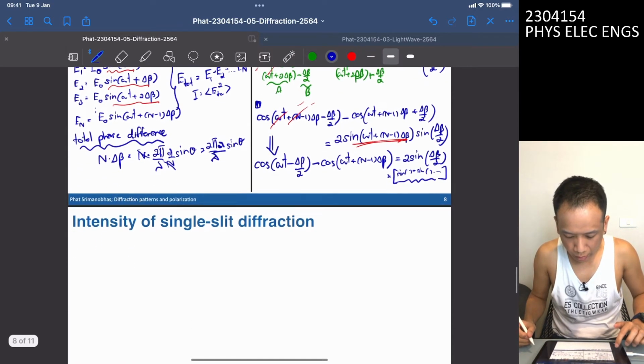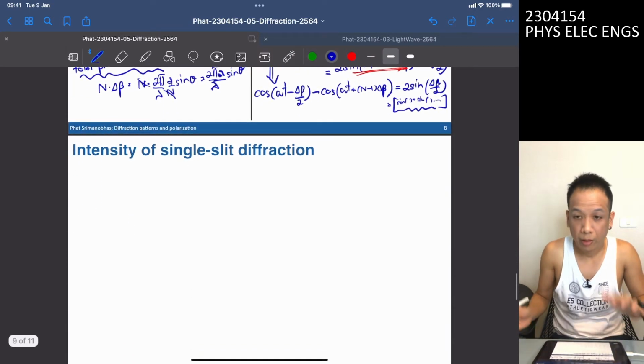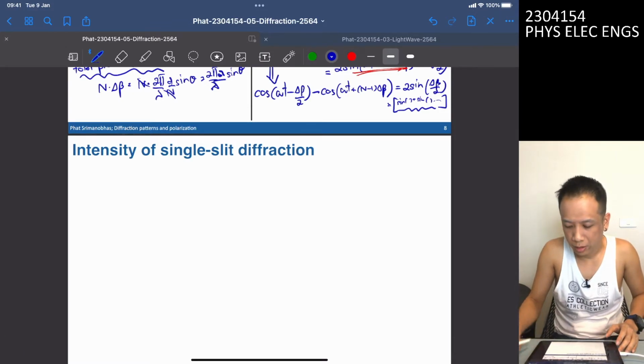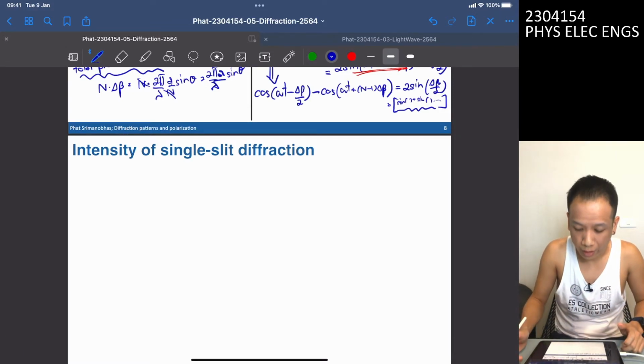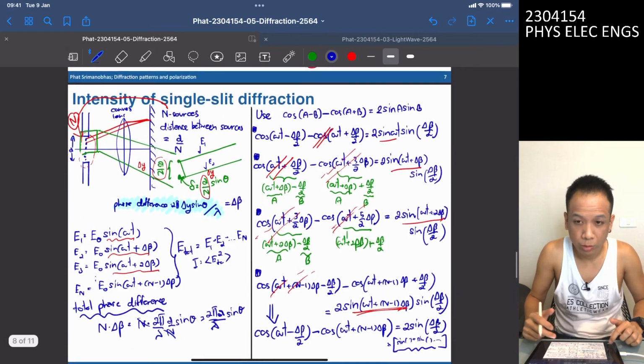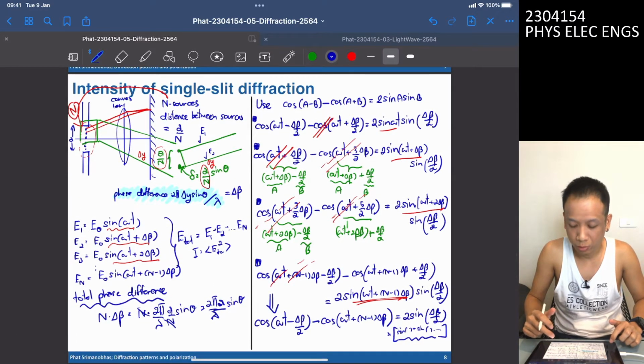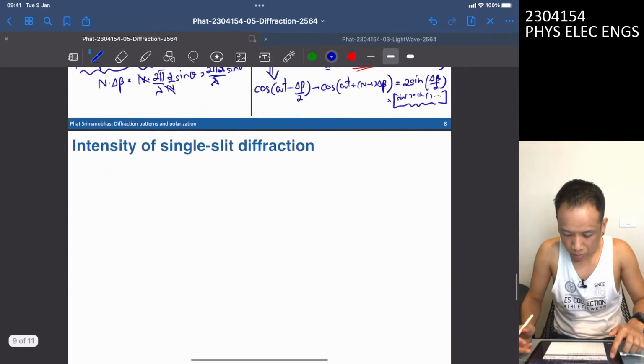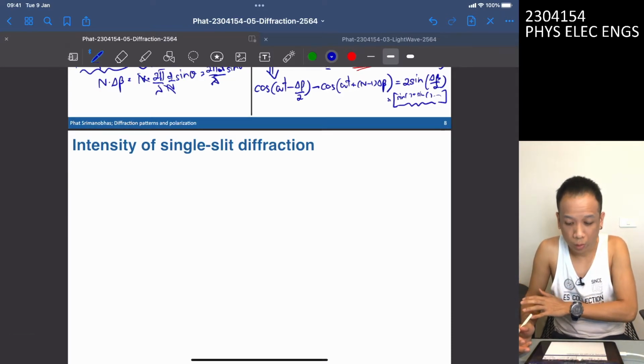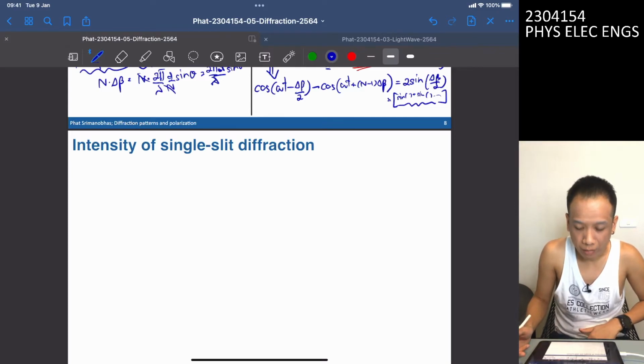Now we need to do a more complex reduction of that, but you are more than halfway done. The right term is what we already got, so we need to manage the left term.